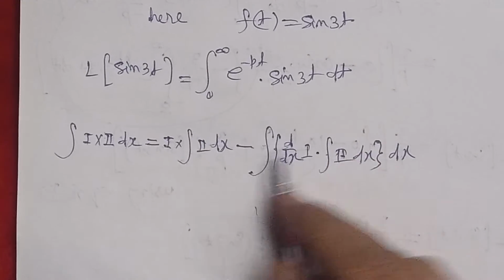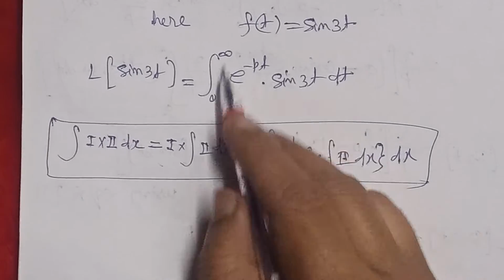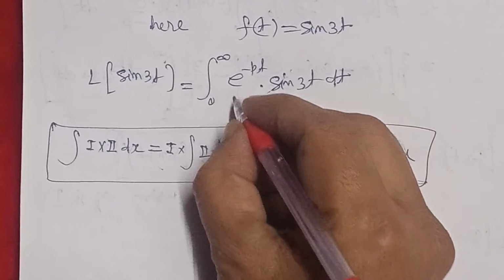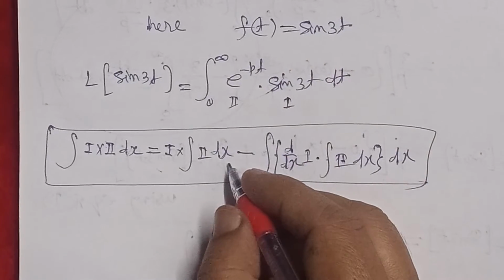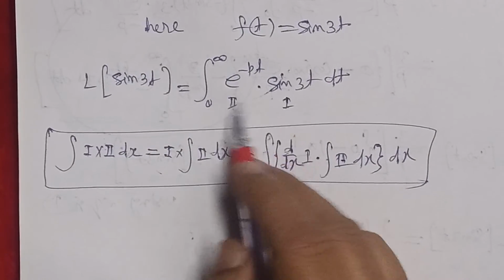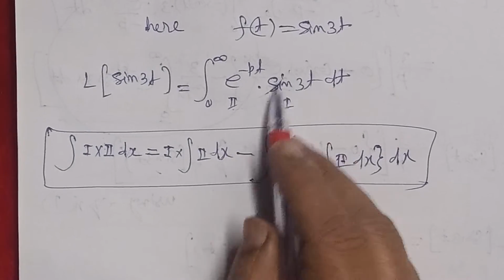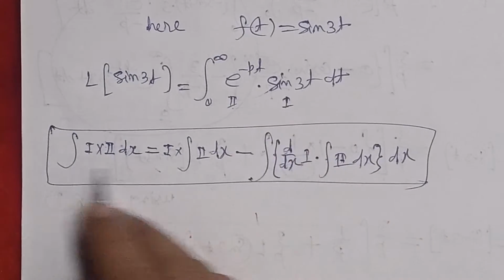This is the formula. We will use this formula on the right hand side by considering sine 3x as the first function and e to the power minus px as the second function.